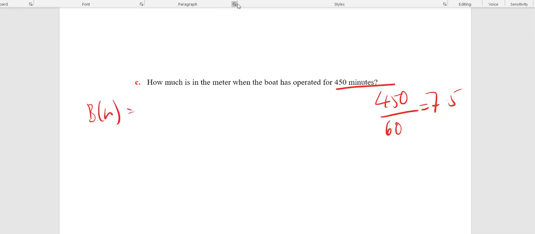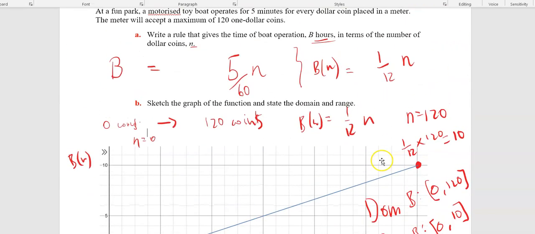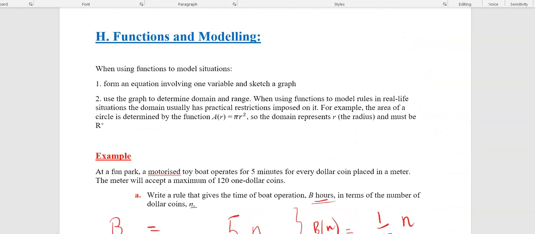So B(N) is equal to 1 over 12 N. We plug in 7.5 equals 1 over 12 N. N is equal to 7.5 times 12, which will give us 90. So if you want this particular boat to operate for 7.5 hours, you've got to put $90 into this particular machine. And that concludes functions.